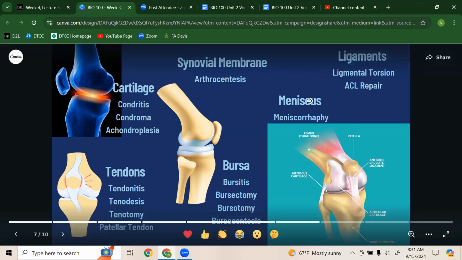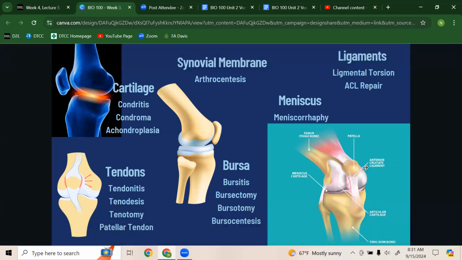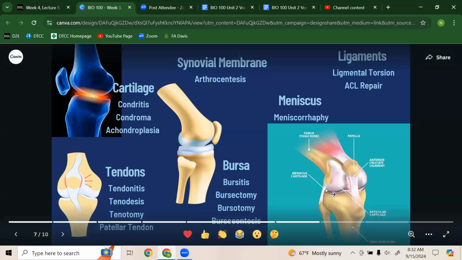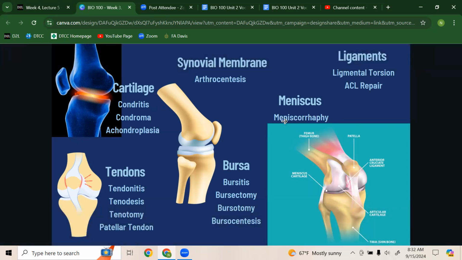Okay, let's go ahead and do meniscus next. So this shows your knee. So the menisci, you have a medial and a lateral, are these little discs in between your femur and your tibia. They help your knee hold together better. So meniscus, your combining form is menisco.